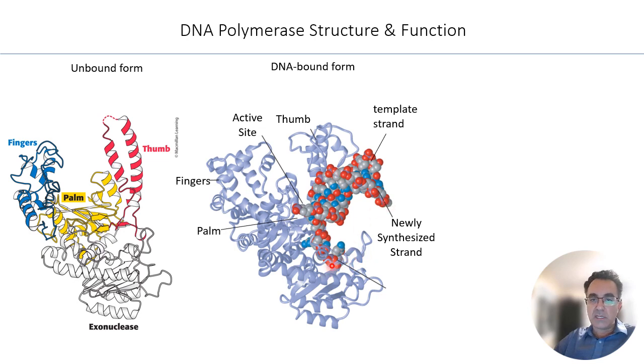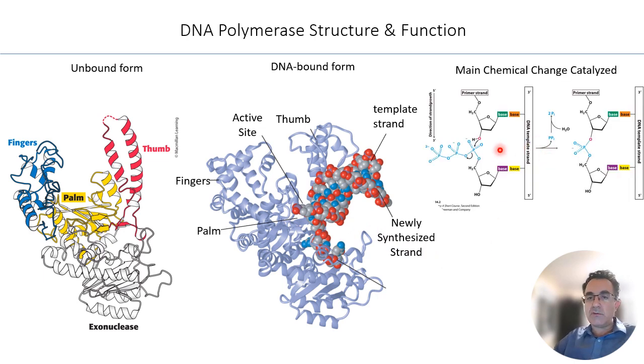The newly synthesized strand is actually making an excursion down to the exonuclease domain in the structure that's shown here. The active site residues that are catalyzing all the reactions, adding the new nucleotide to the growing strand, are positioned here in the interface between the fingers, thumb, and palm domains. The actual chemistry that is occurring is shown here at right.